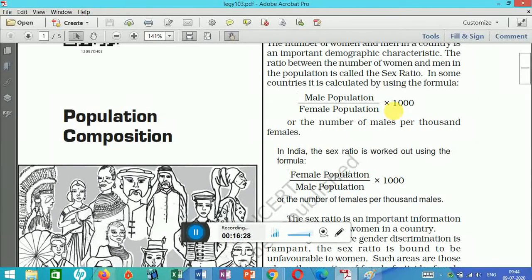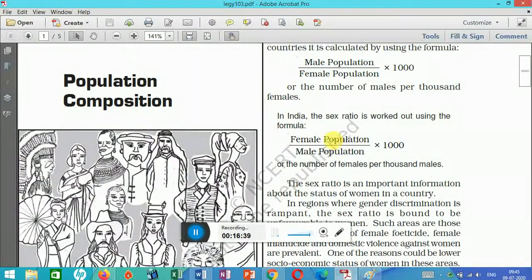We are multiplying it by 1000 because it is expressed in terms of thousand. However, in case of India, sex ratio is worked out using the following formula here. Number of females to be divided by number of males multiplied by 1000.